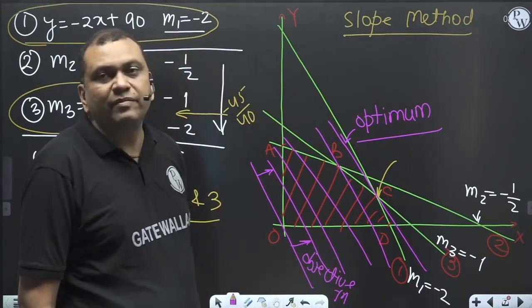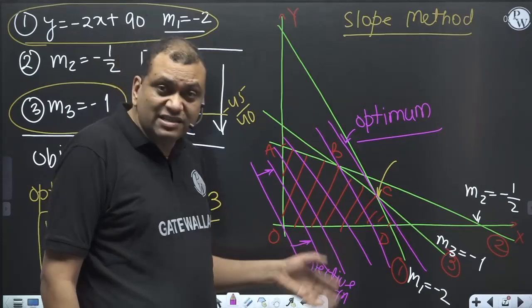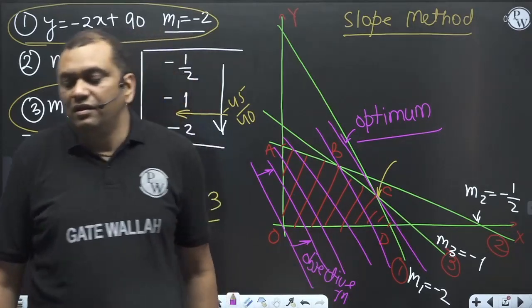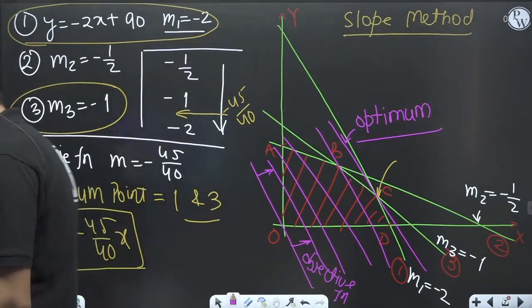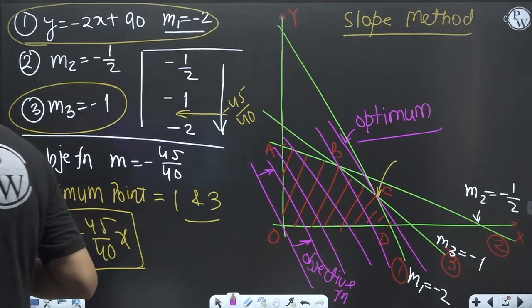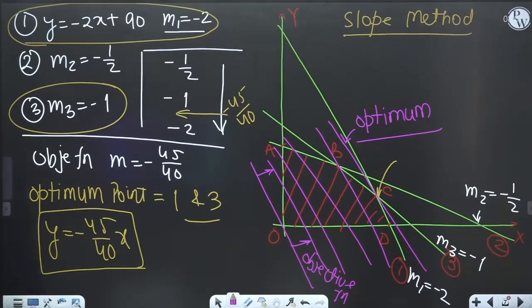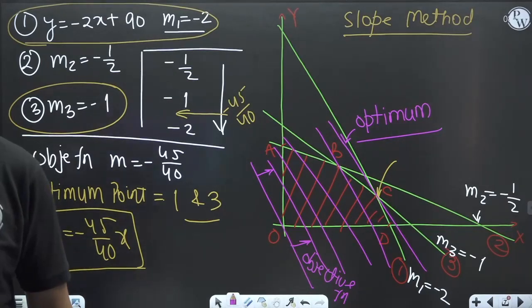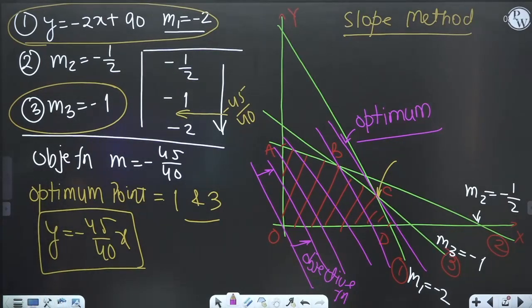So C is the optimum point. That is the science behind this. Whatever I have discussed till now is the basics of graphical.